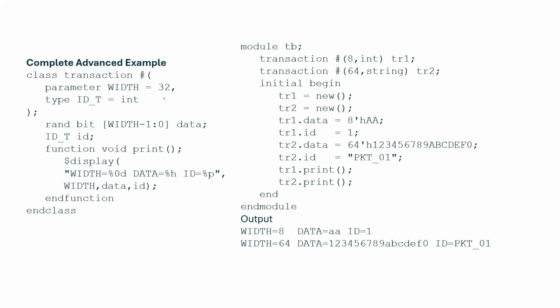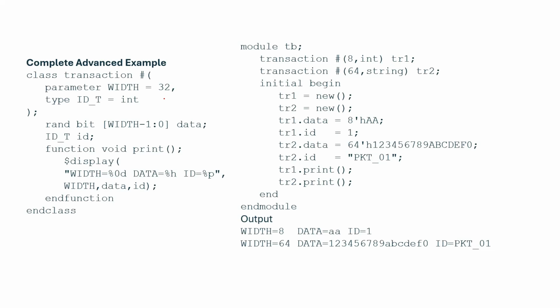So a simple example: a class you are considering, inside that parameter width and type. If you want to override it, you can override in your TB. The rest of the things are the same: object creation, data assignment, calling the method, all the things are same. Whatever the normal class you are considering, with data and properties and methods, then in the module TB you are assigning the handles for the classes.